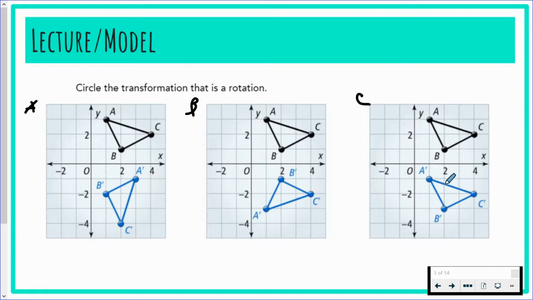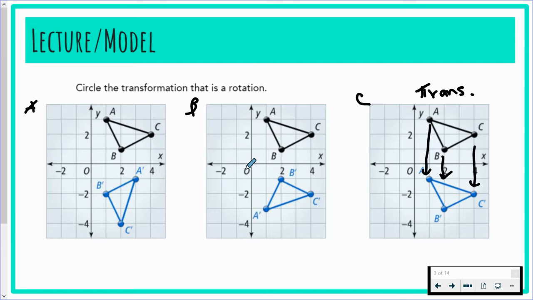I'm looking at C, and it does not look like that figure was turned. It looks like it was more slid downward. So this would actually be a translation, and C is automatically out.